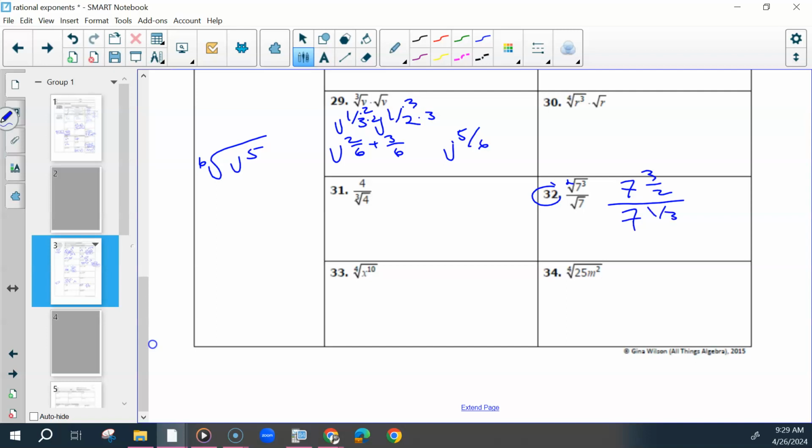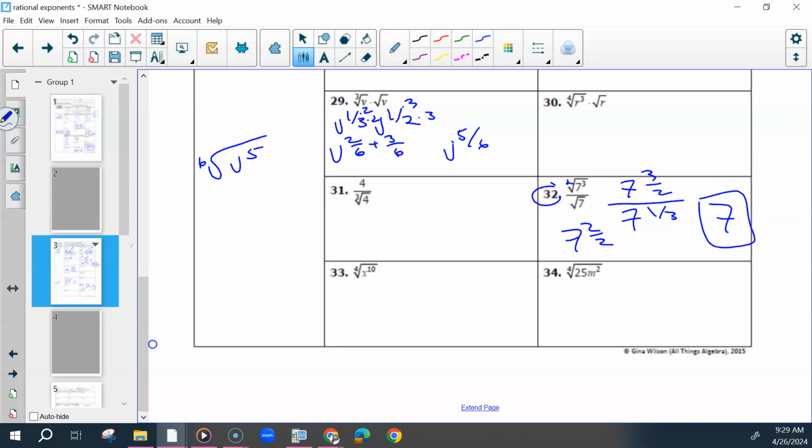Again, we have like bases for dividing, so we're going to subtract the exponents. What would that new exponent be? 1. So this would be 7 to the 2 over 2, which simplifies to just 1, which is just 7.